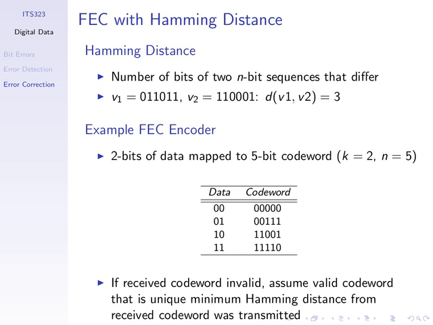So our 4 valid code words are simply these 4 values in the table. You don't have to write them down, I just list them for convenience here. And because we've got a 5-bit code word, there are 32 possible values, 2 to the power 5. 4 of them are valid, the other 28 would be invalid. For example, 00001.